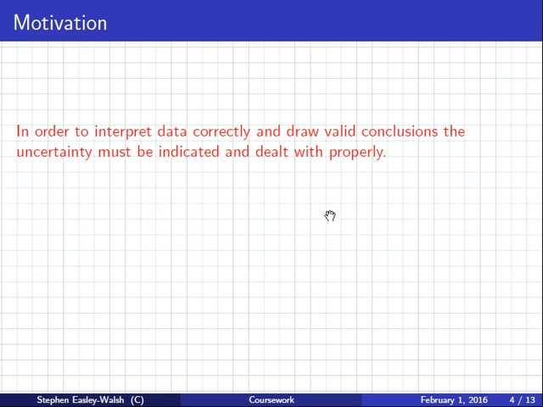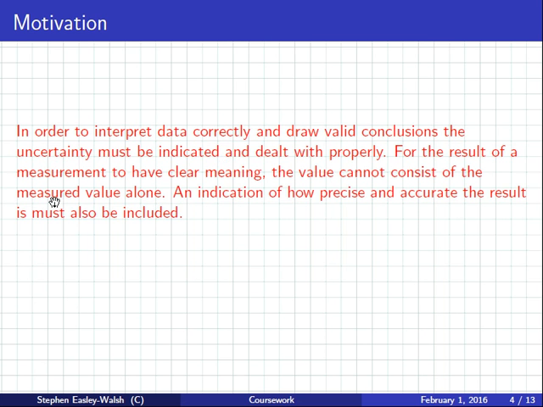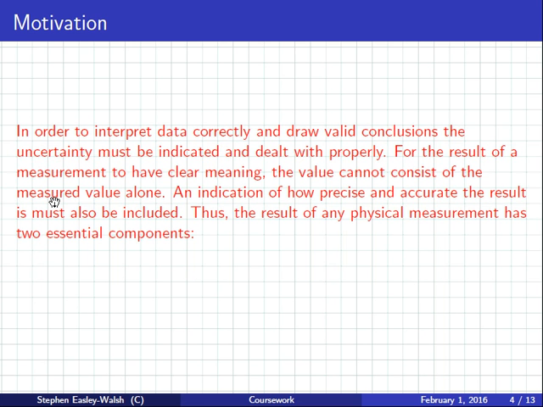So whenever you make a prediction or a value or a measurement or a calculation in physics, you must always include the uncertainty. For it to have any meaning, it cannot just be the value by itself. You have to say how precise you were. So we'll need to look at some terms for describing that.